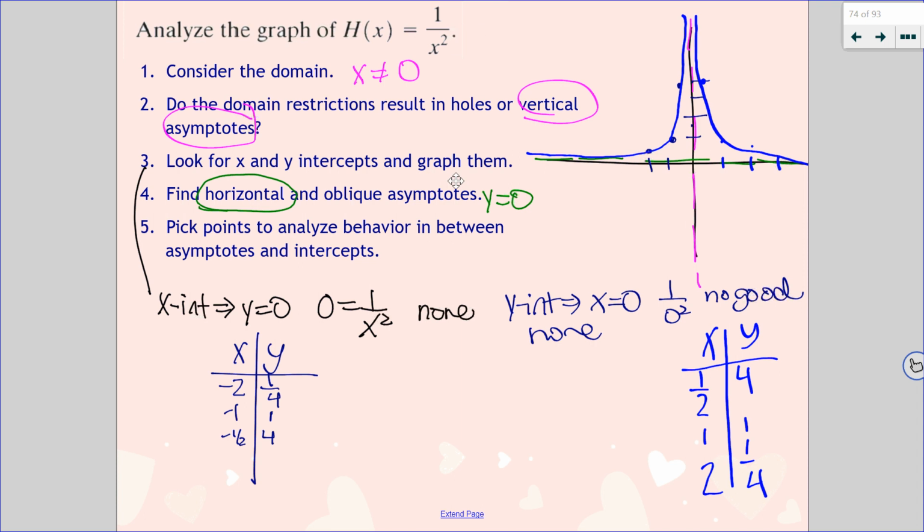So unfortunately, with this process, you will have to actually pick points. We'll get to the point where we'll pick a minimal number of points because we'll get really good, but at this point, we'll have to pick a little more points. Okay, so we have one vertical asymptote, which means we should have 2 branches because it cuts it into 2 different branches. Any questions?